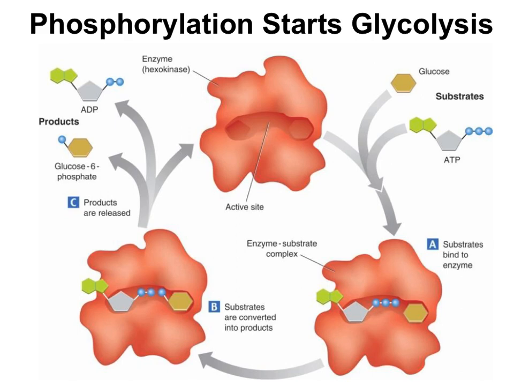Glucose is phosphorylated. At the end of this reaction, ADP and glucose 6-phosphate are the products that are released. This is the first investment of ATP. In a later reaction, glucose 6-phosphate is phosphorylated a second time on its opposite side.